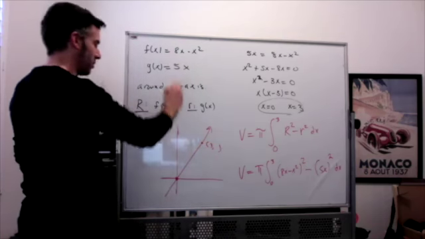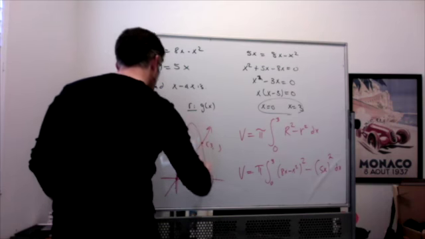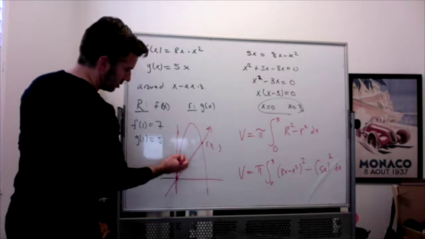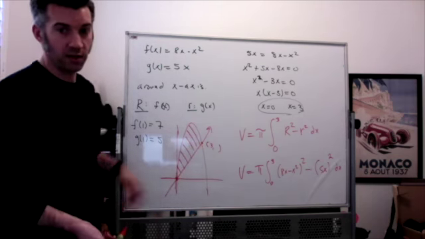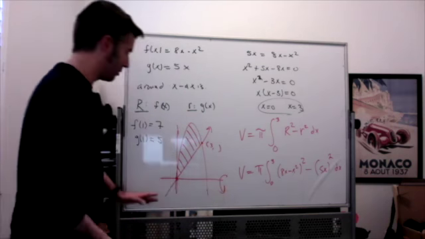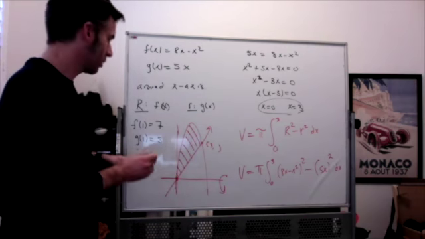So this is a downward opening parabola. It's got to do something like this. And so we're looking for the region between these two functions, which is this region here. Clearly, the parabola is the one that's further away from the axis of rotation, and the straight line is the one that's closer to the axis of rotation in this particular example.